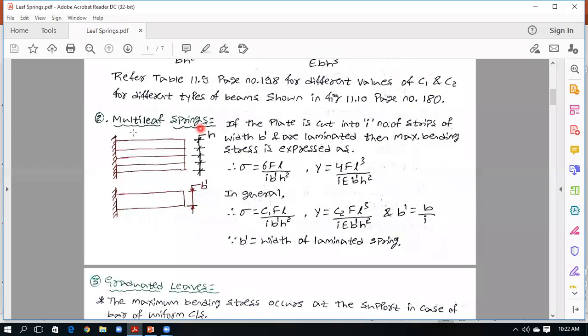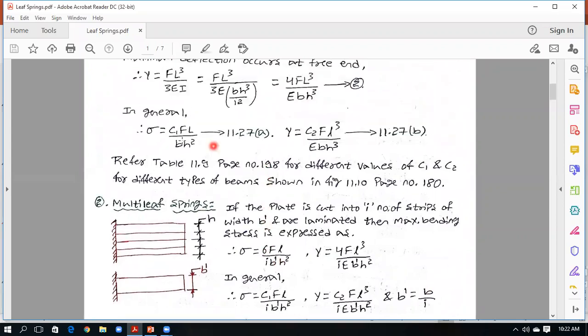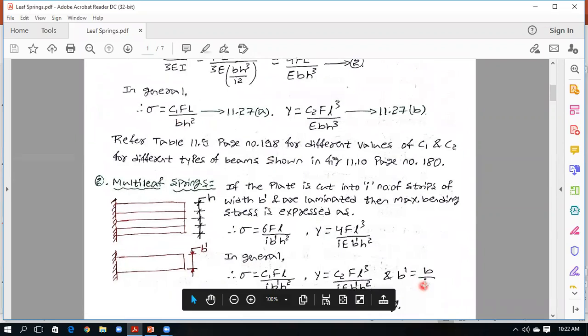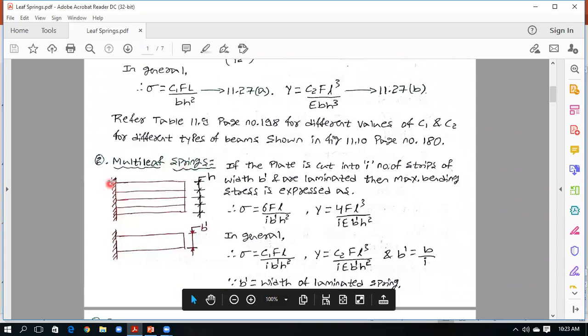As the name indicates, multiple means it will be having more than one leaf. Therefore, B is equal to I into B dash. In the above equation of sigma, substitute the value of B as I into B dash. And whatever the multiple leaf spring is there, it is a cantilever.